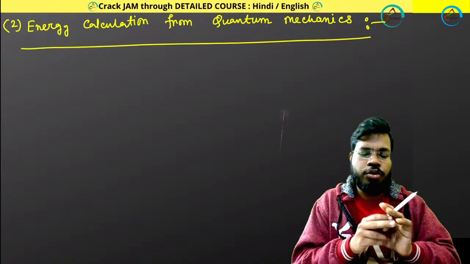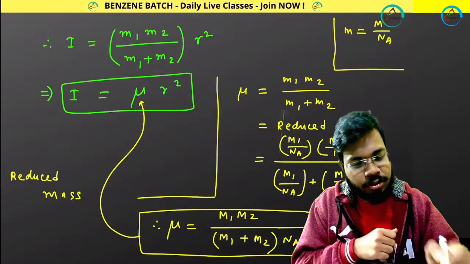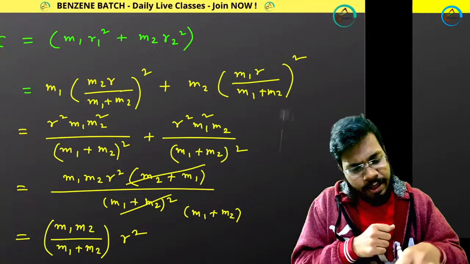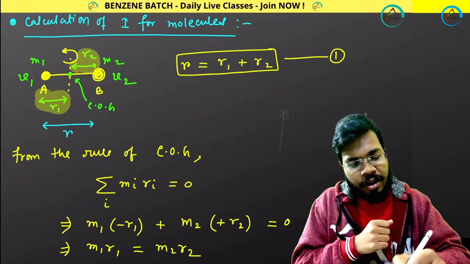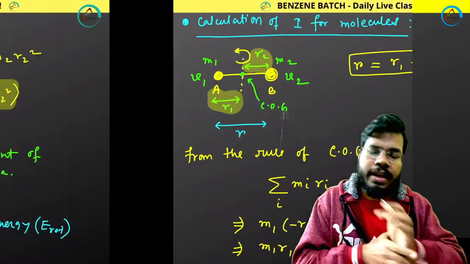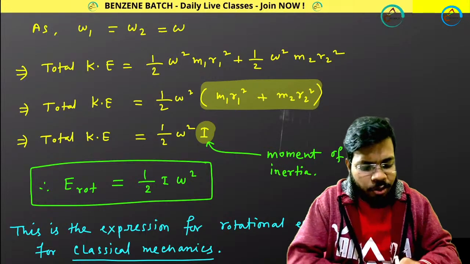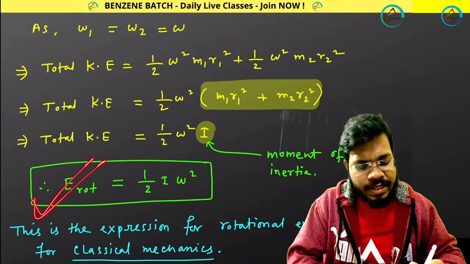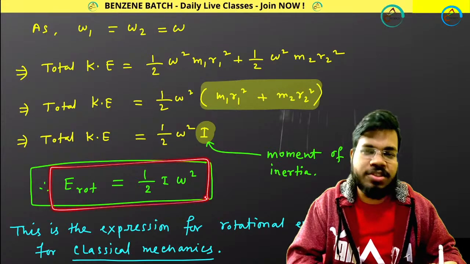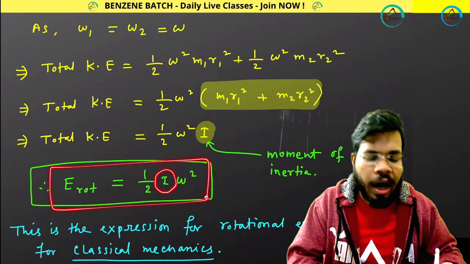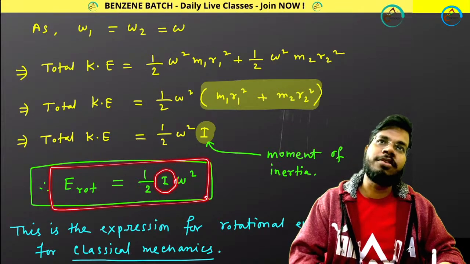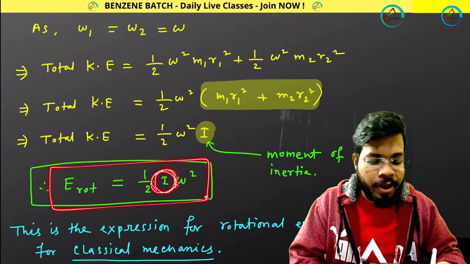So in the last video we talked about the energy of rotational energy level from classical mechanics. We calculated, and the value was E rotational equals half I omega square, and also we calculated the I, that is called moment of inertia. Fine.